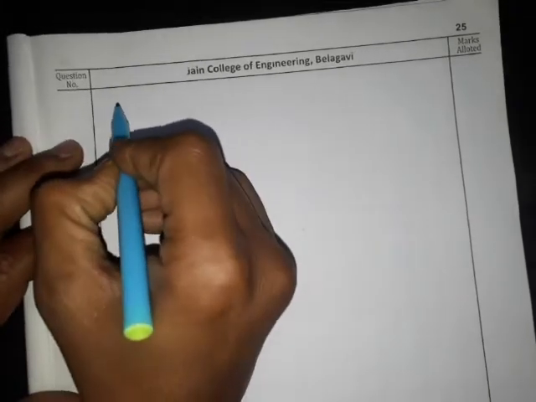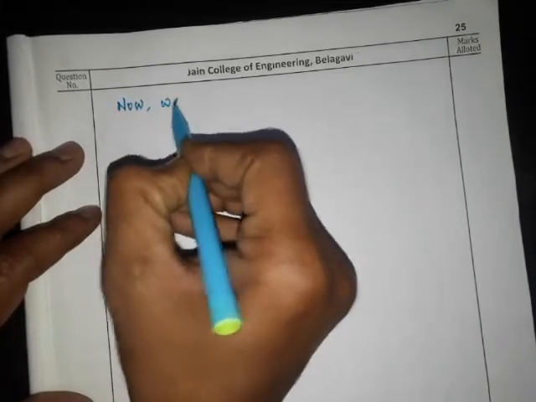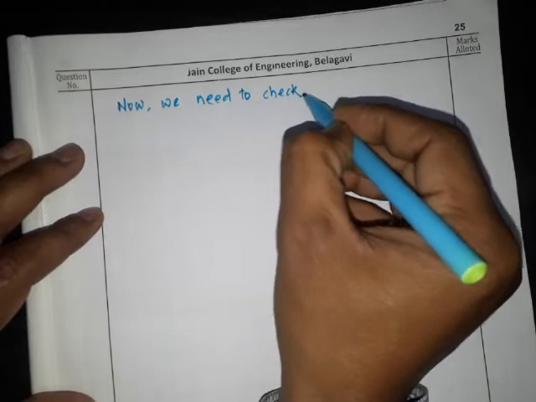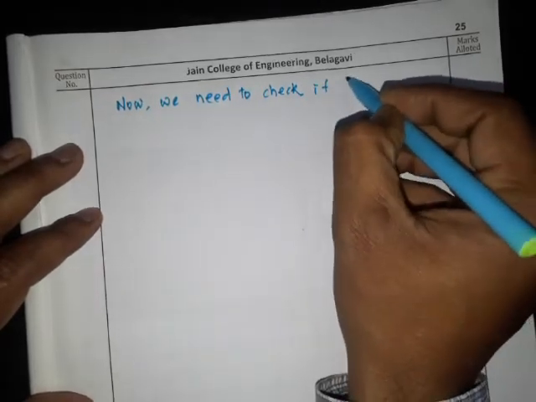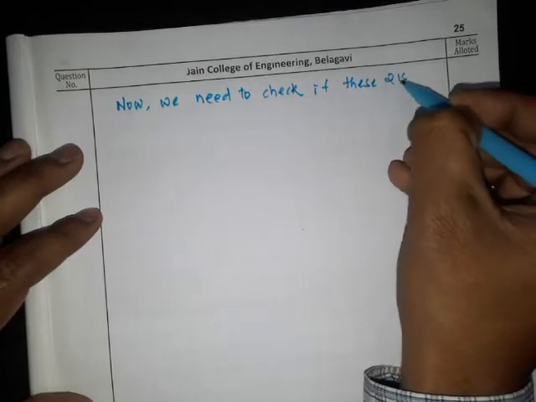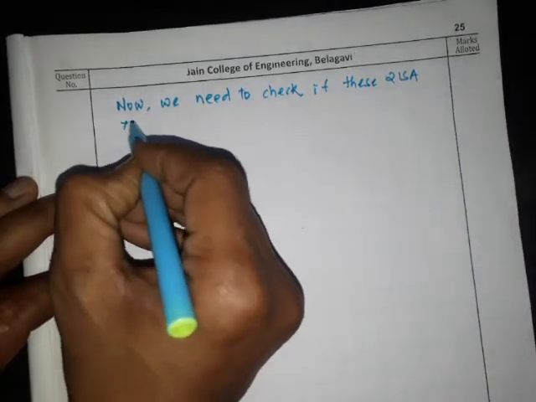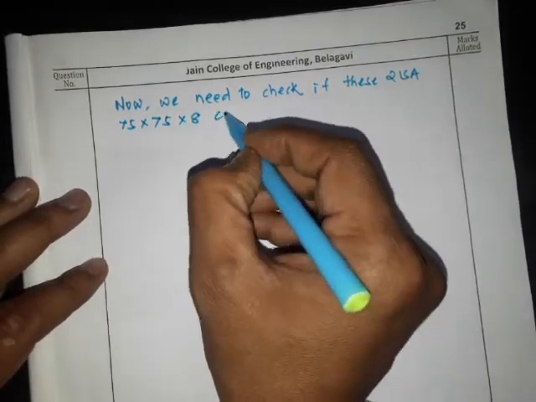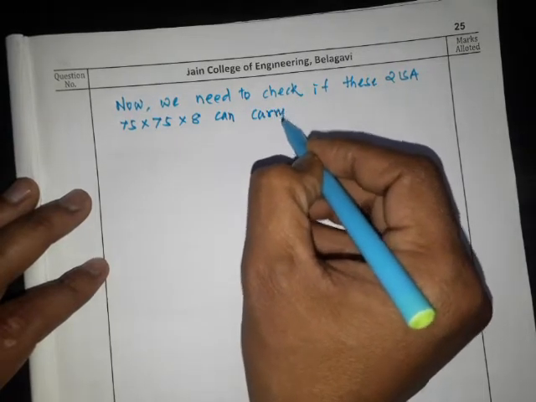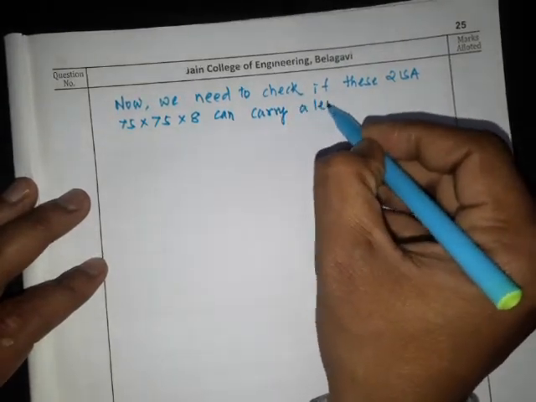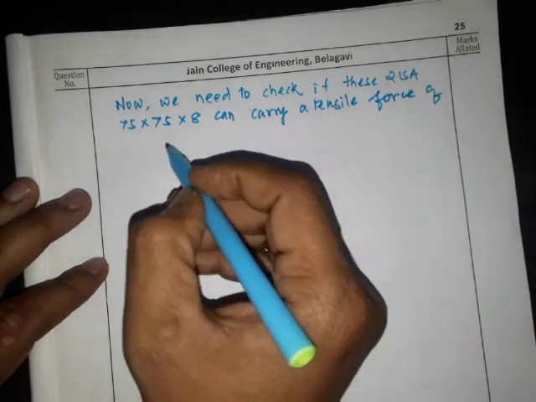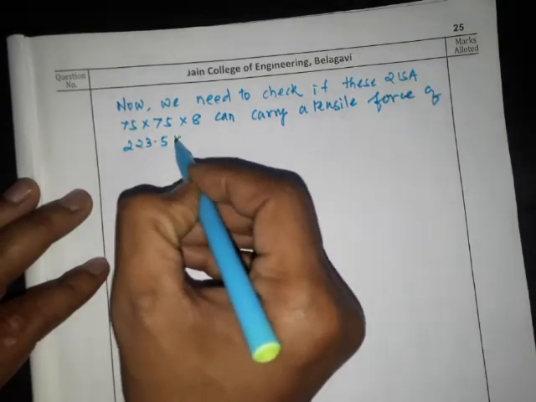So here what you have to write now: we need to check if these 2 ISA 75 by 75 by 8 can carry a tensile force of 223.5 kilonewton.